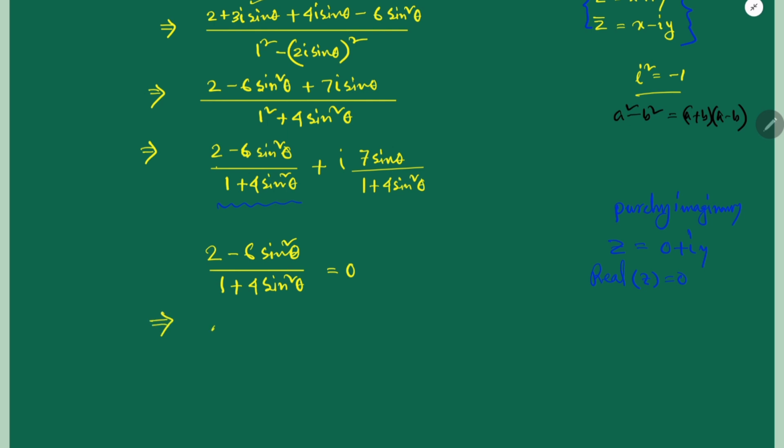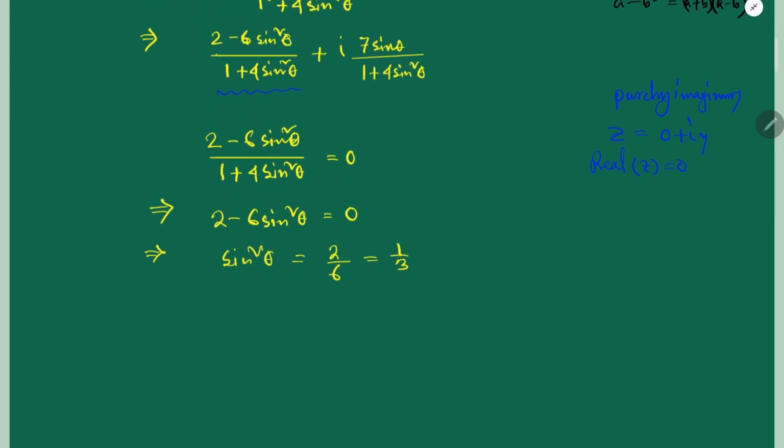This means 2 minus 6 sin square theta equals 0. Sin square theta equals 2 by 6, equal to 1 by 3. So this can be written sin theta equals plus minus root of 1 by 3.